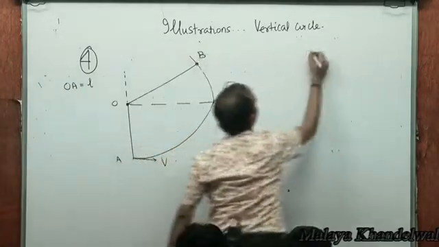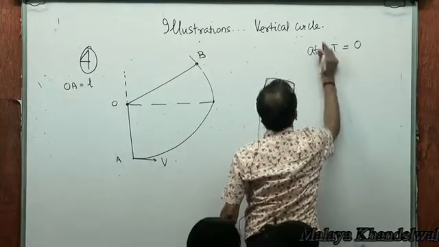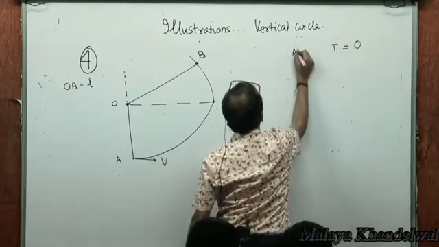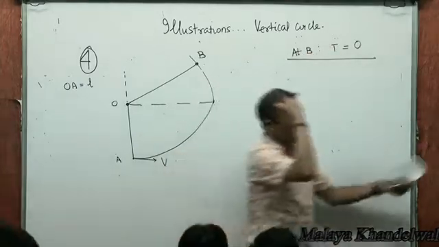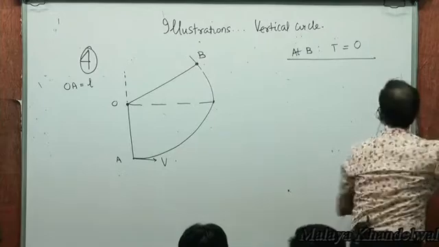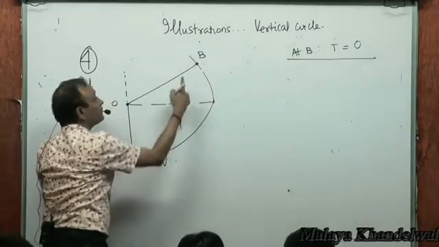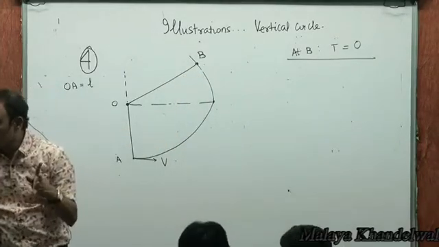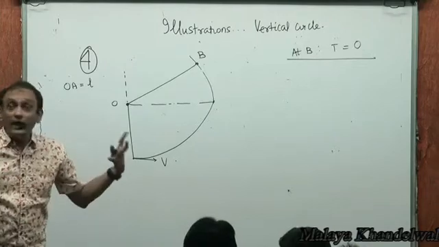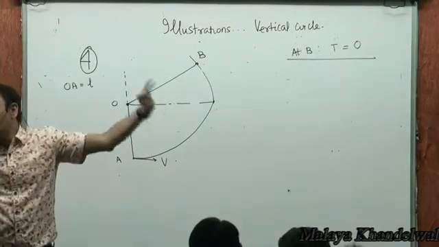At B, tension becomes 0. And once the tension becomes 0, the string will slacken at this point. It will then be at the mercy of gravity. It will then follow a projectile, right?